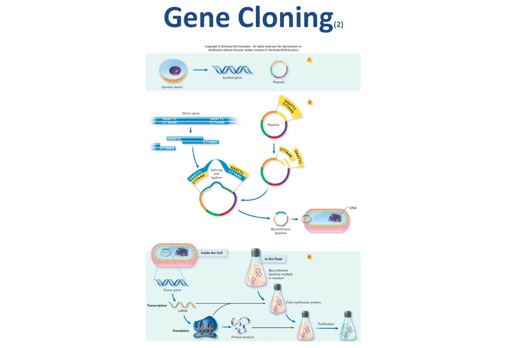This diagram shows gene cloning. First, we get the DNA fragment that we need, and then we insert it into the plasmid. So we can get competent cells to amplify the plasmid to a huge amount, and then we can use this plasmid to infect the cells.